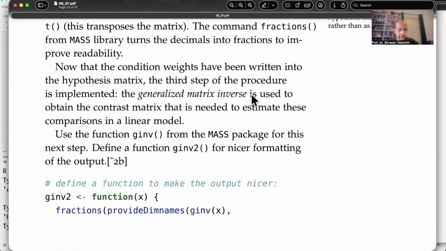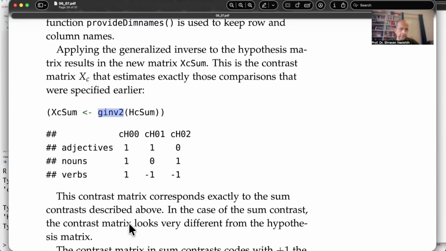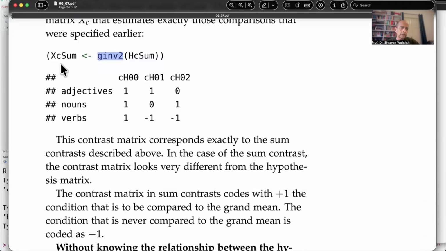This function just makes the output look nicer. You can look at the details. But now I've passed the hypothesis matrix through the generalized inverse, and I get back the contrasts that are interesting for me, that represent the hypotheses. These HO1 and HO2 are the contrasts that I need.